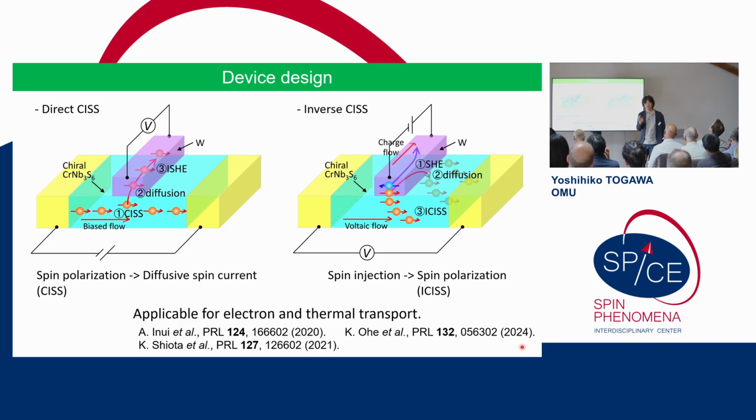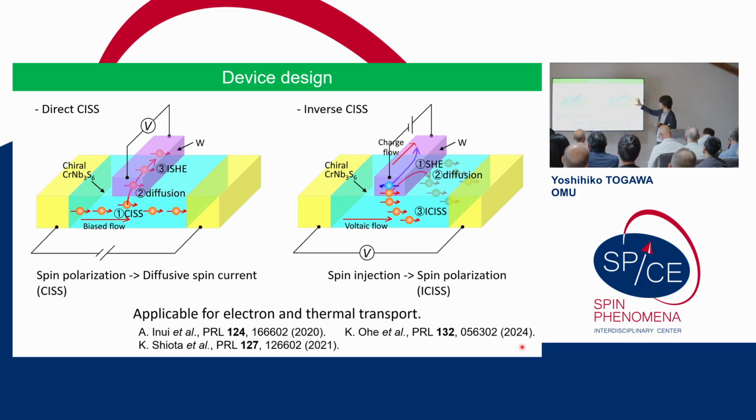That's the point. The advantage of this device is we can even examine the inverse effect of CISS. When we apply current to this transverse electrode, that can induce a spin into the chiral material. Once the chiral material receives the spin polarization, it should show a voltage, to satisfy the reciprocal relationship of CISS.